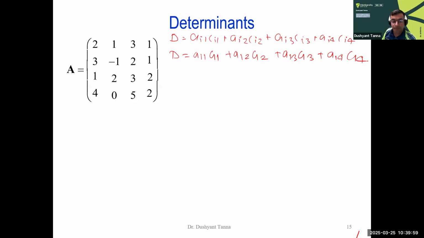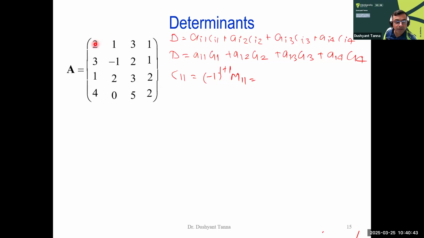Now let's find out everything. C11. Follow the definition. And it's all about practice. I will do the same determinant expansion of 4 by 4 using various different rows and columns. The definition says (-1) power 1 plus 1 times M11, and (-1) power 2 is positive. M11 is the minor of A11.